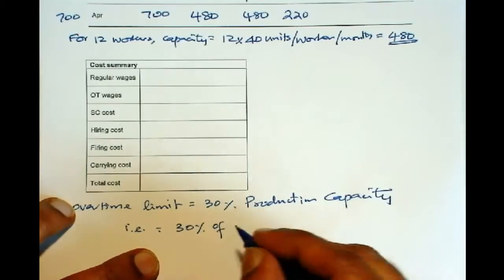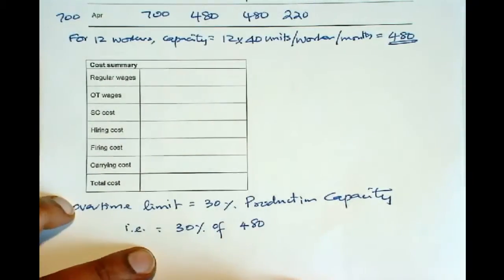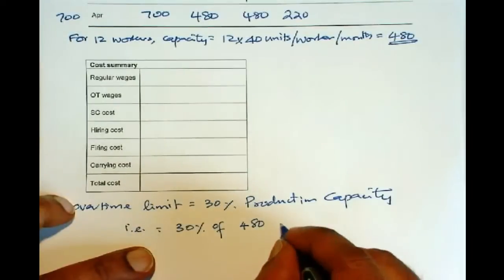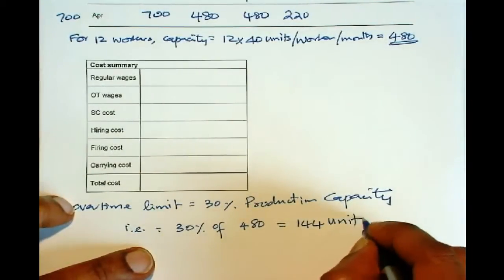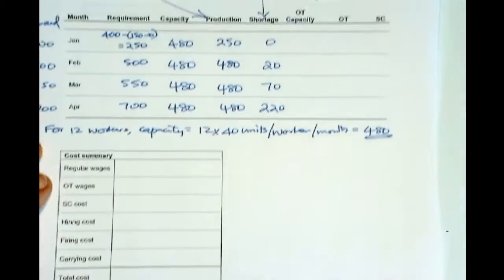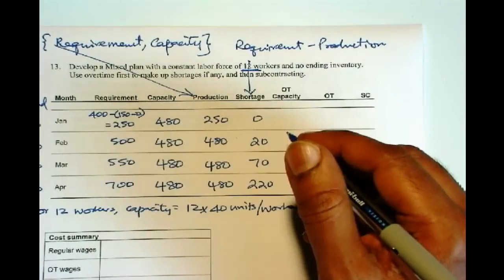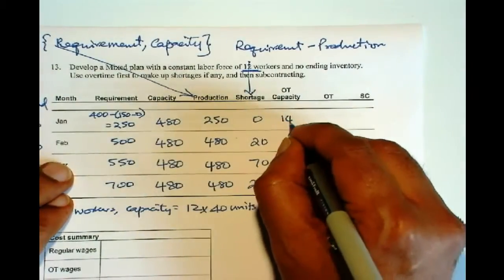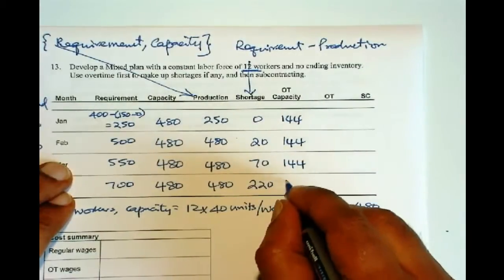So the regular capacity is 480 each month, so that gives us 144 units. So overtime capacity is 144, 144, 144 and 144.